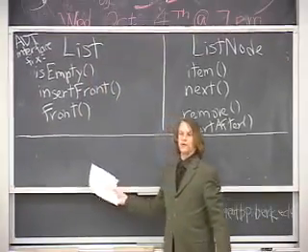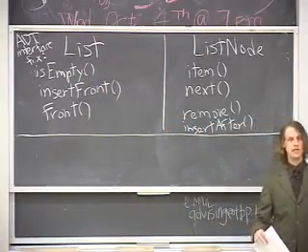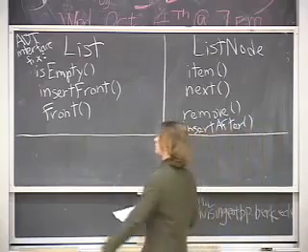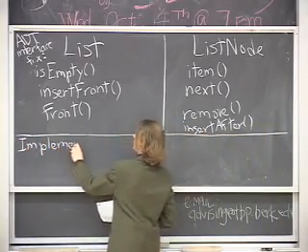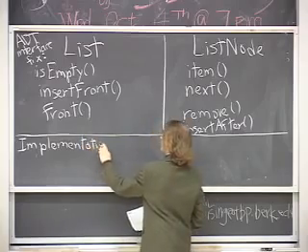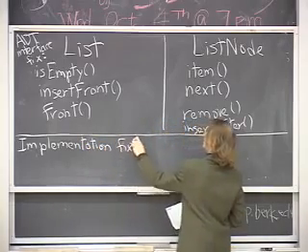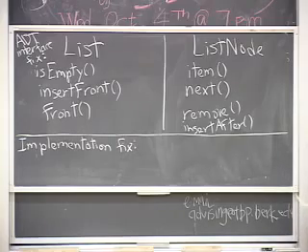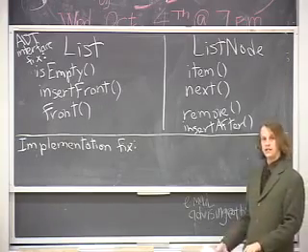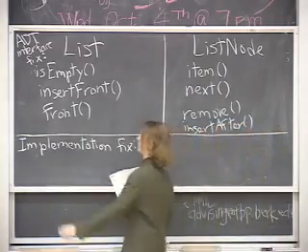And then once again, the question comes up, how do you actually implement this? So the implementation fix relies mainly on the fact that, once again, each node has a mylist field.